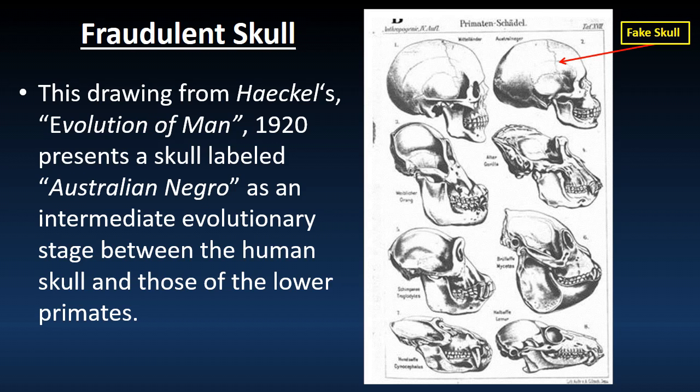So that skull is an imaginary skull that he purposely drew to fit in between. You can kind of see it shortens and starts to stretch out a little bit. And this was published and went out for many decades, being read and believed.